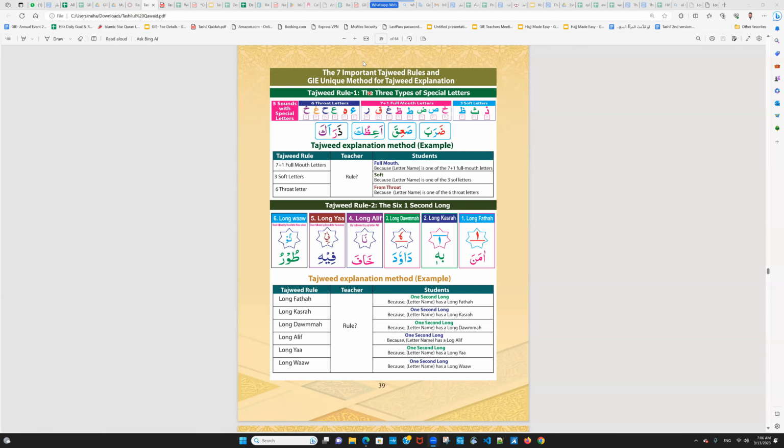Dhu, rule full mouth and soft letter, because Dha is one of the 7 plus 1 full mouth letters and one of the 3 soft letters. So see, the student is just reading letter by letter, no spelling. Ka. Now again, a'idhuka. Together, a'idhuka. Final, a'idhuka. This is for those students who are learning from the beginning but without spelling.